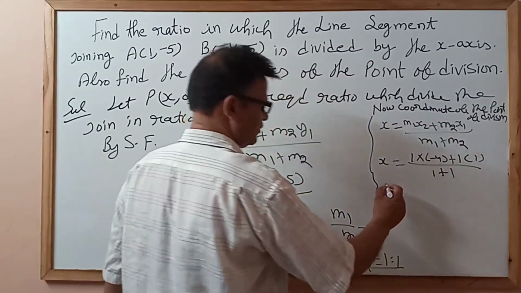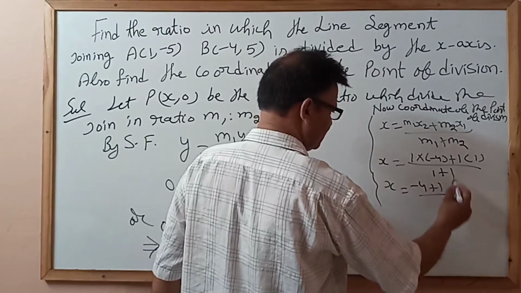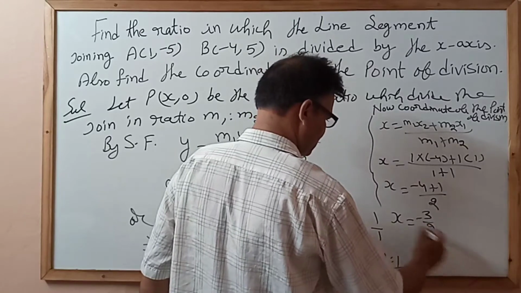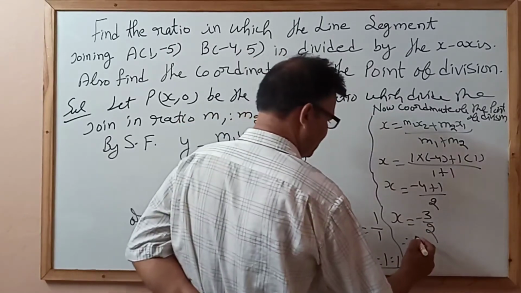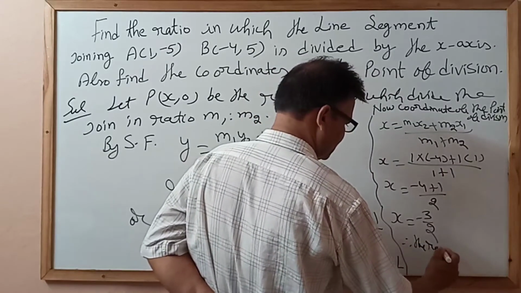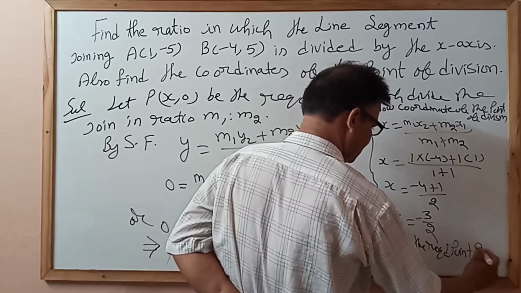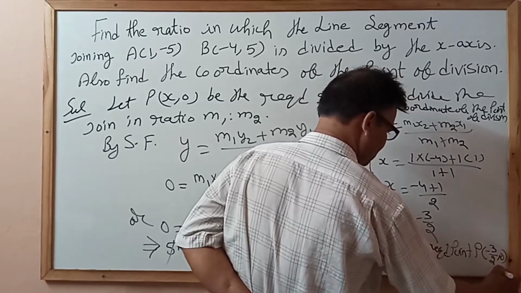So we get here x is equal to minus 4 plus 1 over 2. So x is equal to minus 3 over 2. Therefore, the required point P is minus 3 over 2 comma 0. Answer.